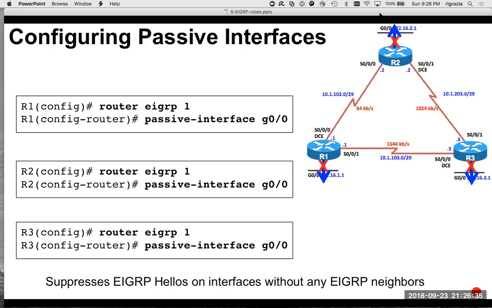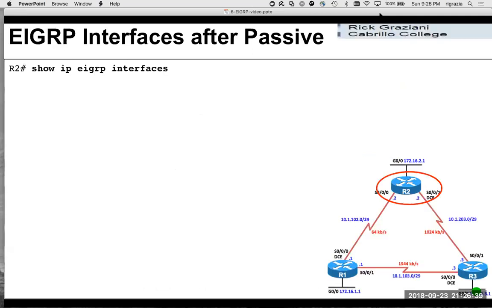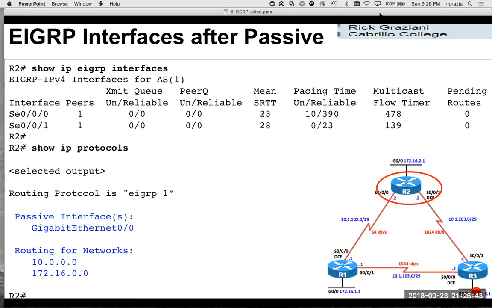So we don't want to remove it as a network command. So we use the passive interface. When I do that and do show IP EIGRP interfaces, you'll notice that under show IP protocols, it says passive interface, gigabit 0/0.